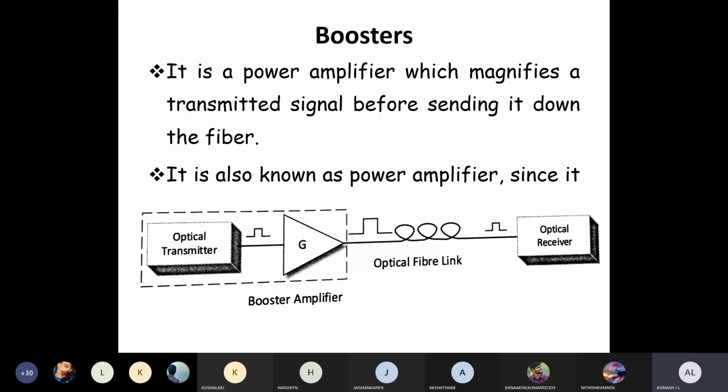It will also undergo attenuation, but we have already increased some amount. Say X amount of energy is transmitted from the optical transmitter. Delta X is the additional power, the additional gain factor we have introduced. So the total will be X plus delta X. Now due to attenuation, we will calculate and calibrate so that at the receiver side, the delta X amount of energy will get reduced.